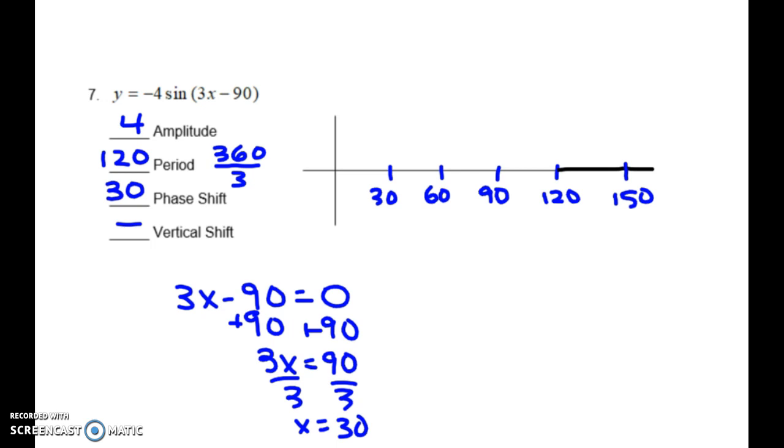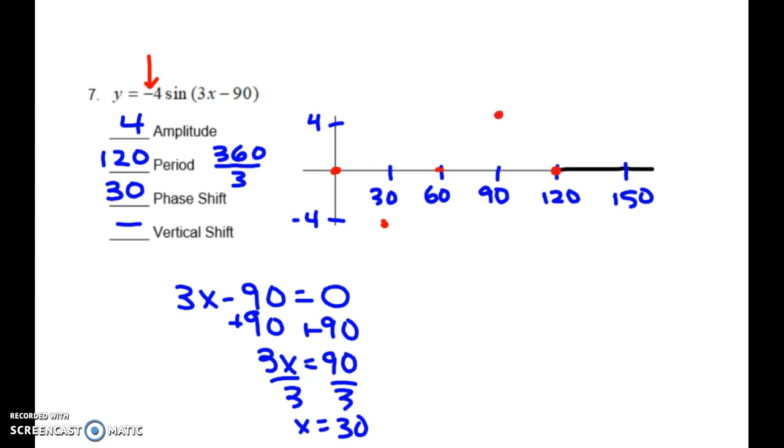Okay, this is a sine graph. It has an amplitude of 4, so I'm going to go up to 4, down to -4. And this sine graph normally starts off in the middle and goes up, but because of this negative here, this is going to start off middle and go bottom, middle, top, and middle.